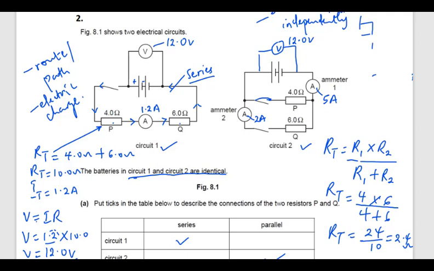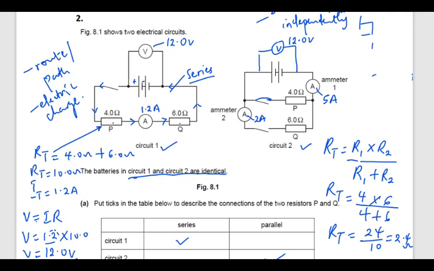Now, we have also established that in a parallel connection components have the same voltage across them but different current. That is why we have branches. You can see there is a current of 2 amperes flowing through the 6 ohms, but there's going to be another current flowing through the 4 ohms, and a combined current flowing through the entire circuit, which is the 5 amps.